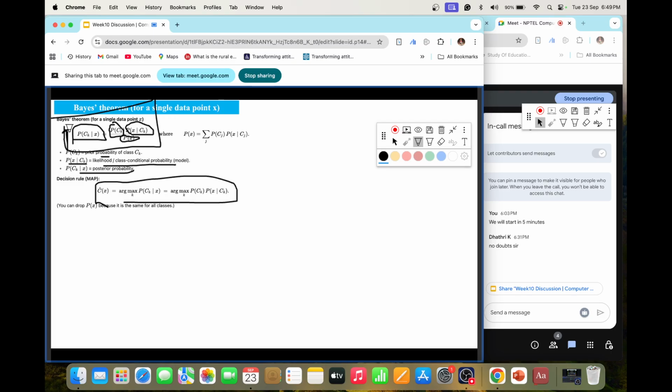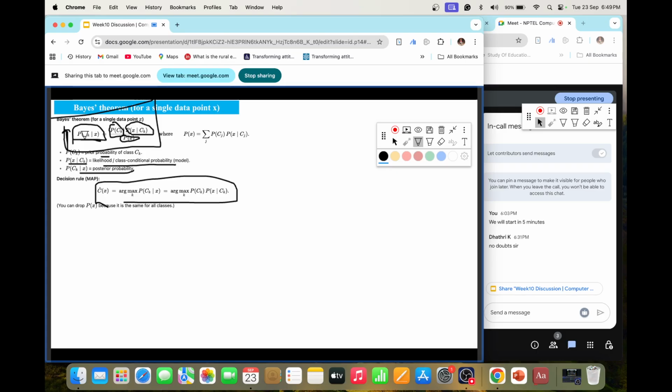But what we need to calculate is, given a data point, the class probability P(C_k|x). How will we calculate this? This is also known as the posterior probability. We will calculate it with the help of the theorem known as Bayes theorem. We have this, this, and this, and we will just put all of this in and calculate it.